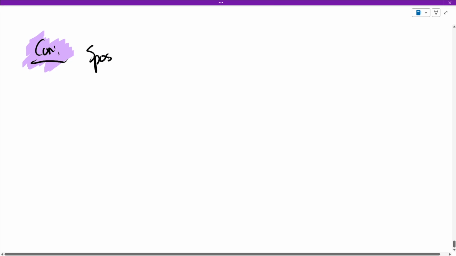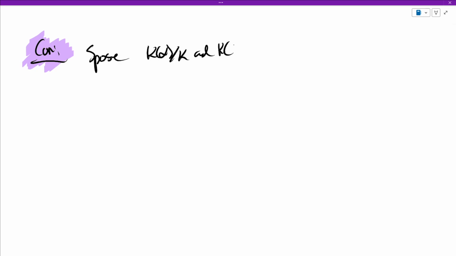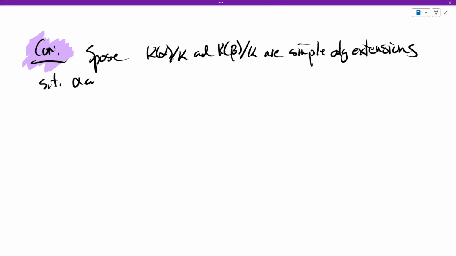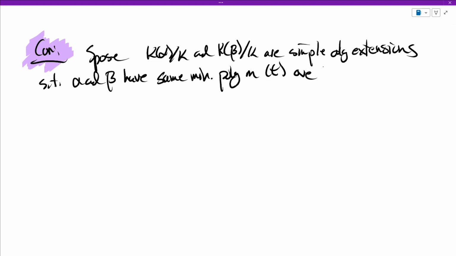So, corollary: suppose k adjoin alpha over k and k adjoin beta over k are simple algebraic extensions, such that alpha and beta have the same minimal polynomial m over k.